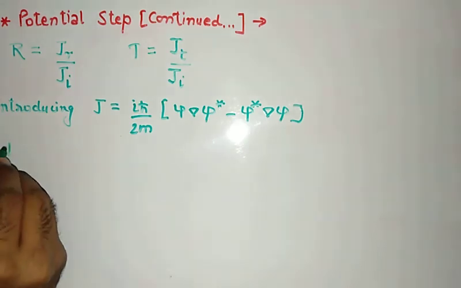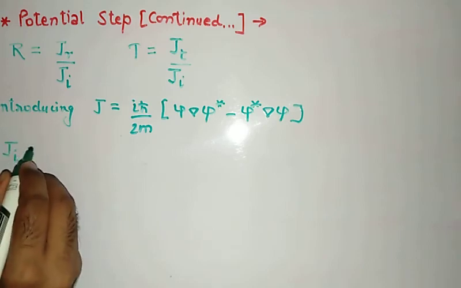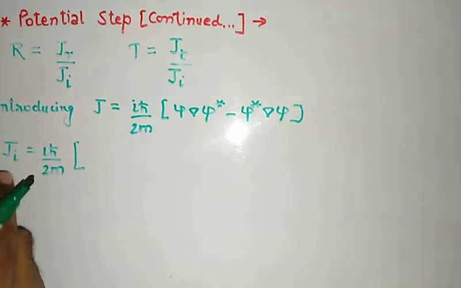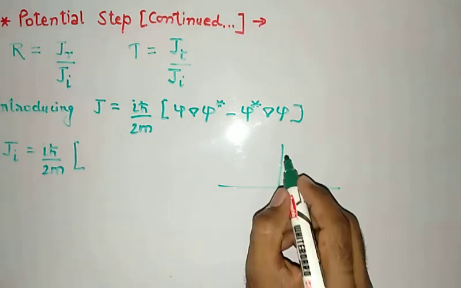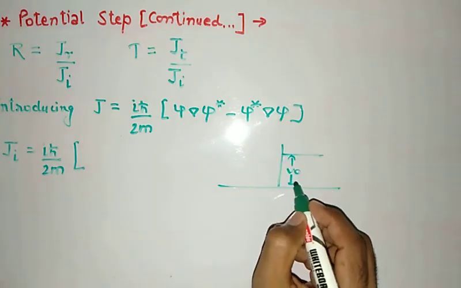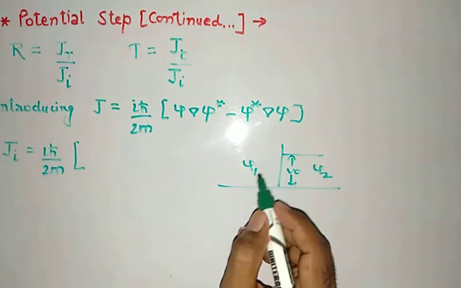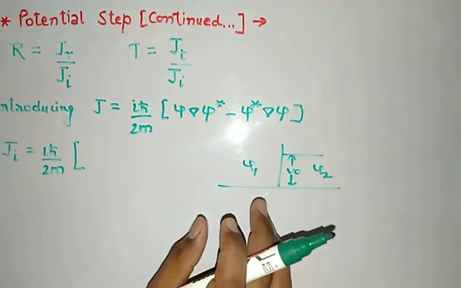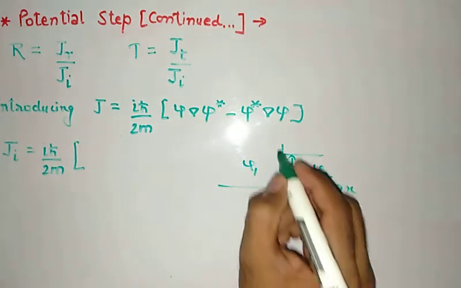So first Ji, which is i h cut upon 2m. Ji means, in that first region, we have the plot diagram: first region, second region. Here we have taken psi 1, psi 2. In this region psi 1 will be used, because Ji is the incident flux, and we were considering one dimension.